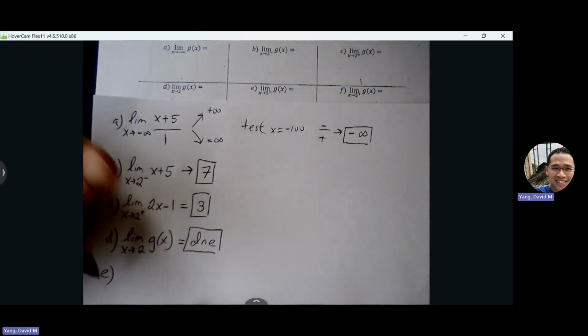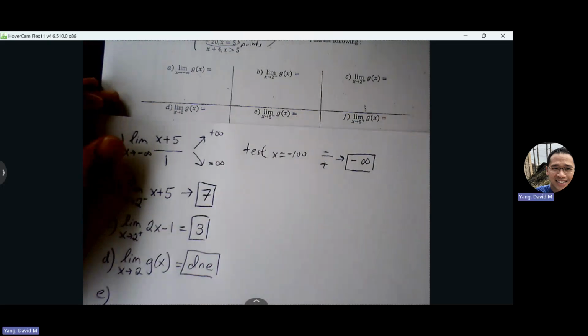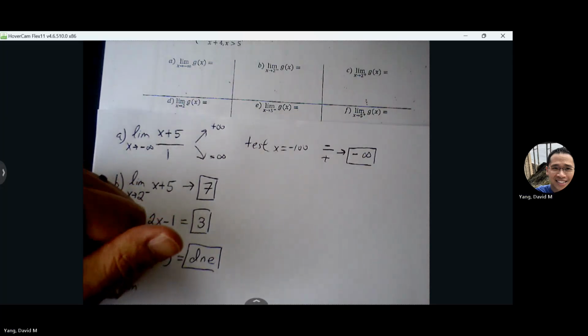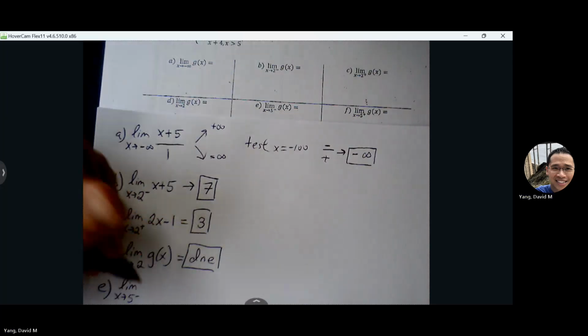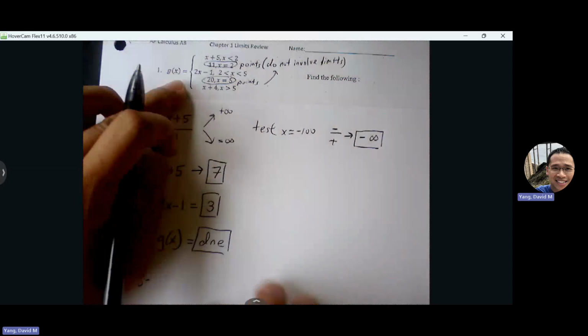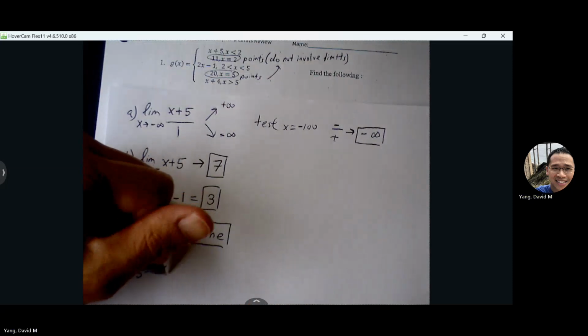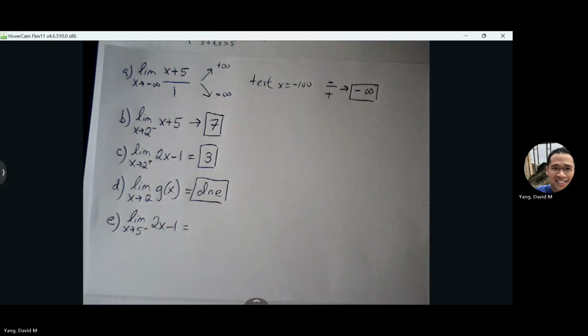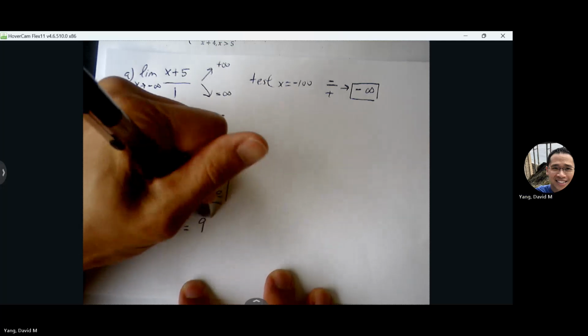All right, good. Part E. Limit as x approaches 5 from the left side of 5. Which piecewise would be good for that? Still 2x minus 1. Good. Direct substitution. We get 9. Good. And we're done, right?